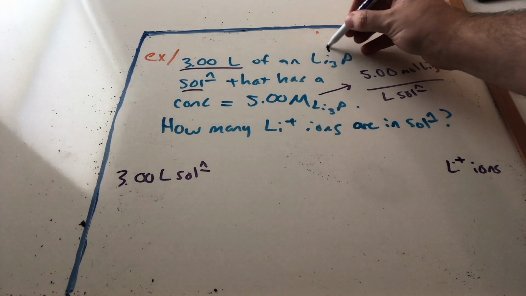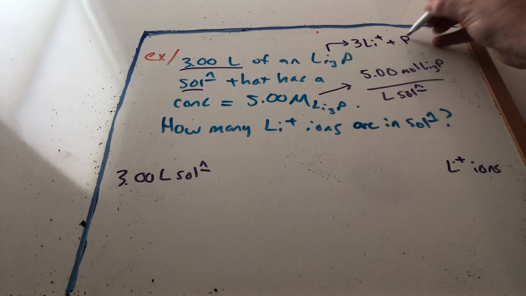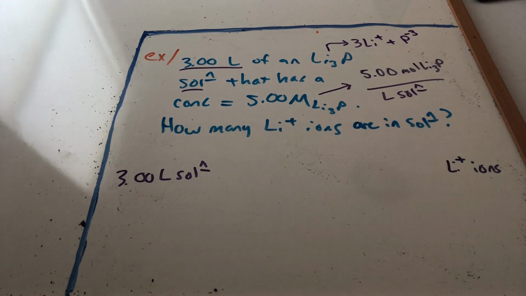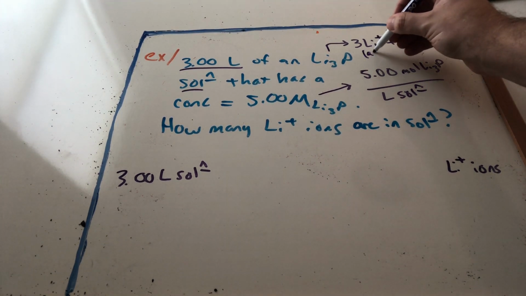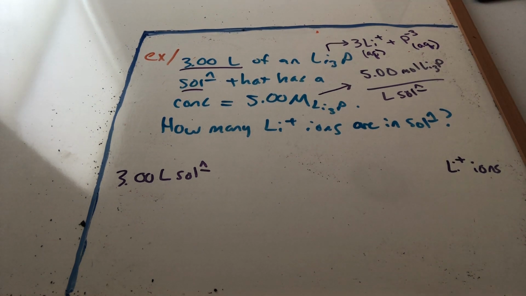Now, Li3P, when we put it in water, what does it break into? It breaks into 3 Li pluses plus a P minus 3. And both of those would be aqueous, and that's implied by saying that there is a solution. So lithium phosphide breaks into 3 Li pluses and a P minus 3.